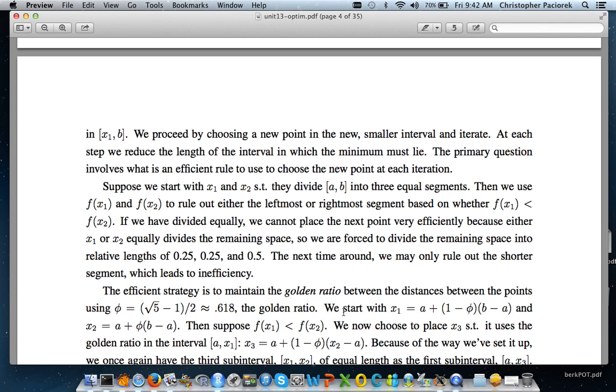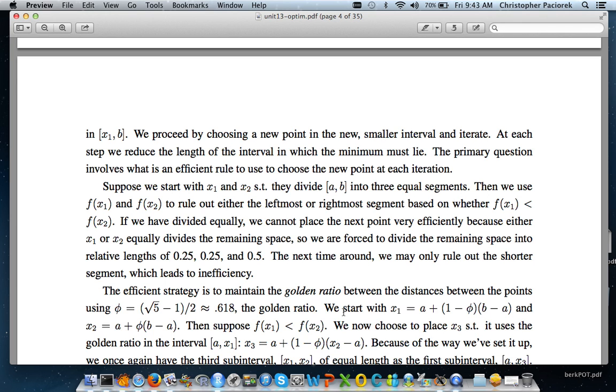I know what the value is here, here, here, and here. Actually, I don't even need to know the values at the boundaries. And now, for example, suppose I find out what the value is of x3. Well, now I can think about x2 versus x3, and now I know that my minimum is going to be in this interval.